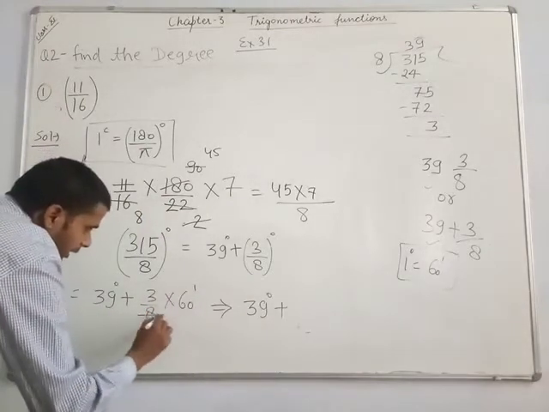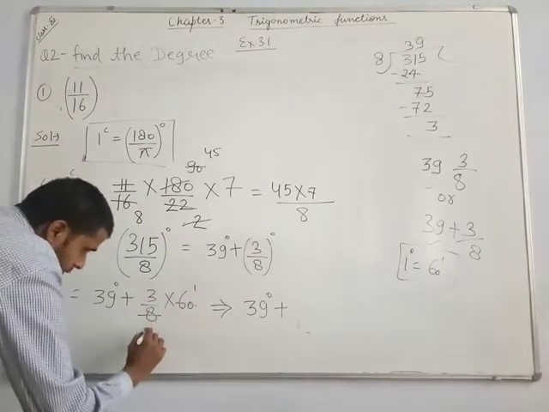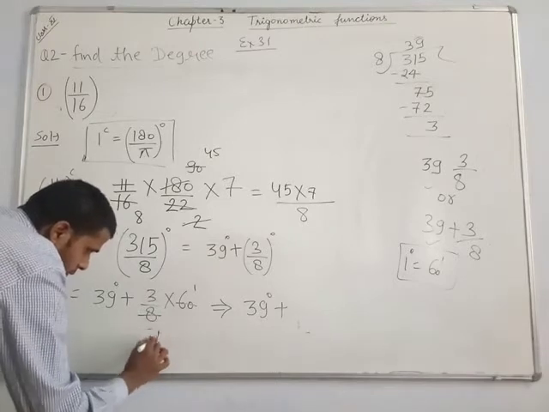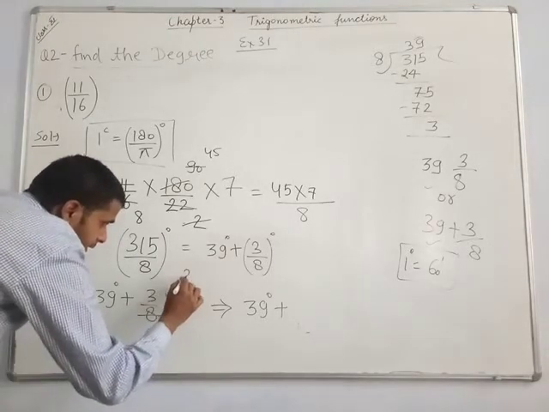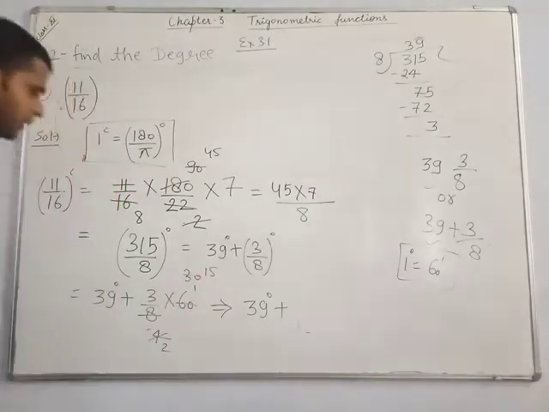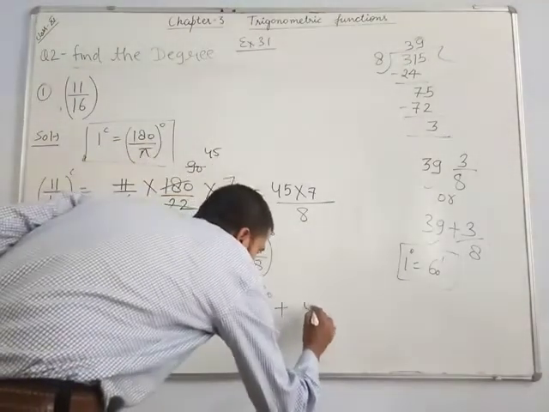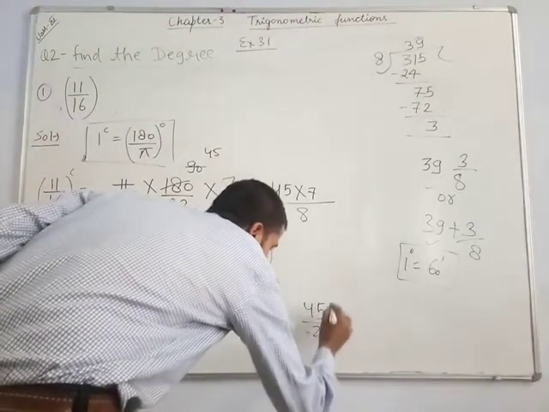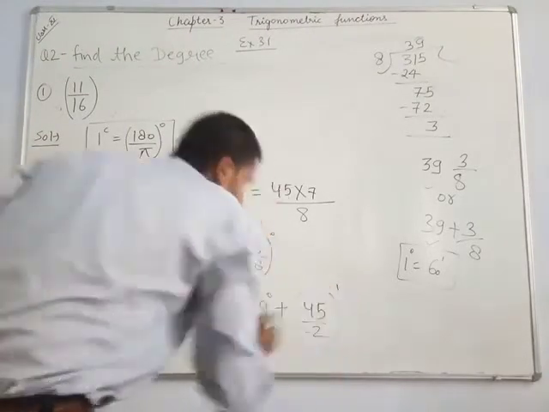2 4s are 8, 60 and 2 is 30... 15 times 3 is 45. So 45 upon 2 minute.